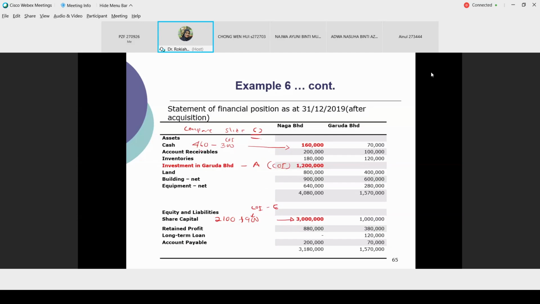These are the changes: cash has been reduced because of payment for the investment, and share capital has increased because you issued new shares to buy shares in Garuda.